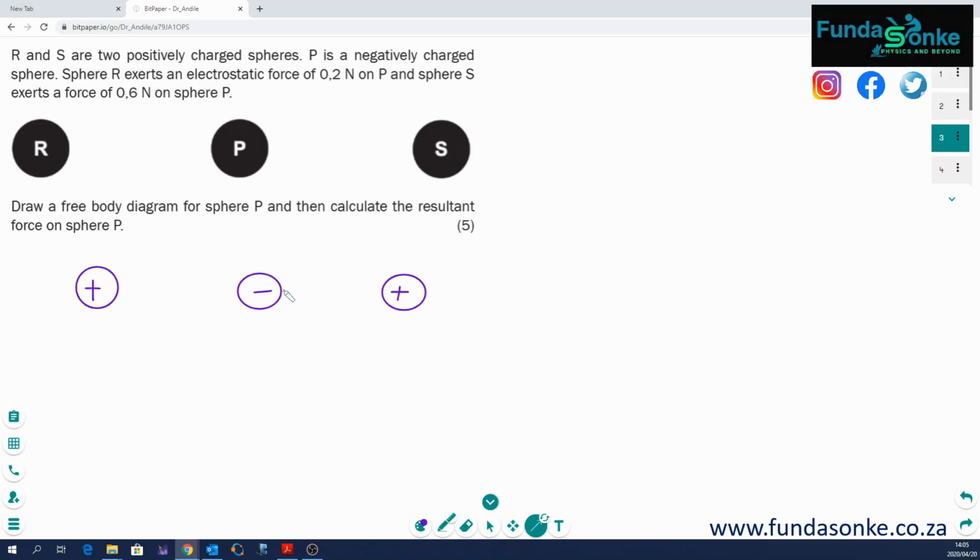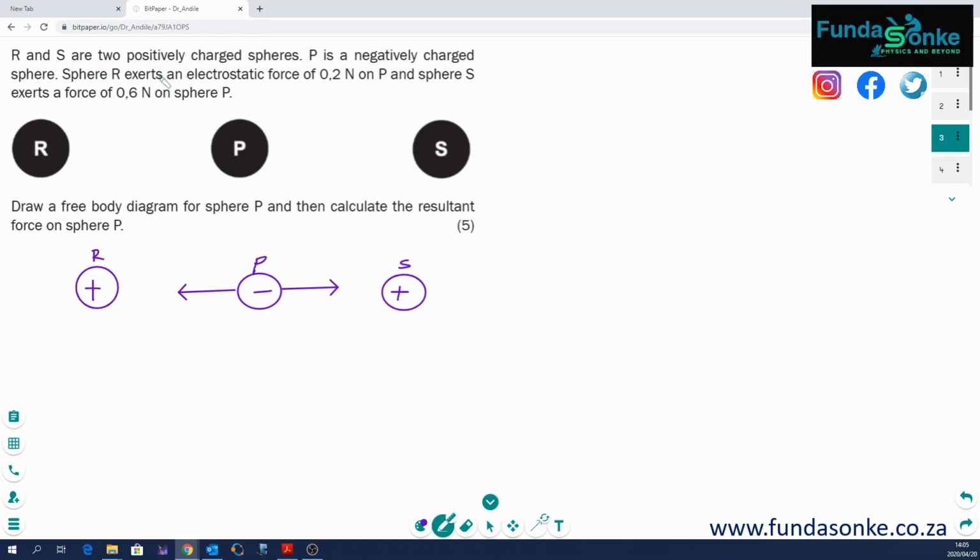So sphere P, the negative charge, will be attracted to the positives. So in this case, you'll have a force acting in that direction and another force acting in that direction. Okay, so I'm just going to label the individual spheres. This is my R, this is my P, this is my S.